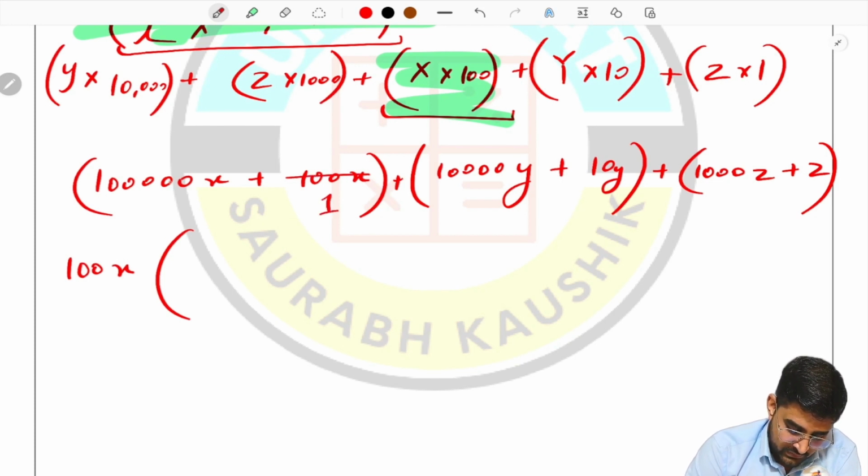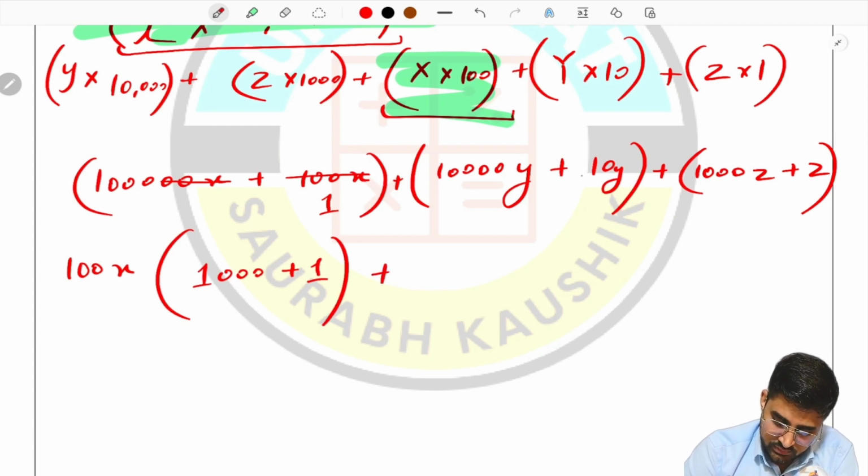Here is 1 and 100 is gone, so you have 1000 plus 1. Again you take 10y common. Now here is 1 and 10y is gone, so again 1000 plus 1.